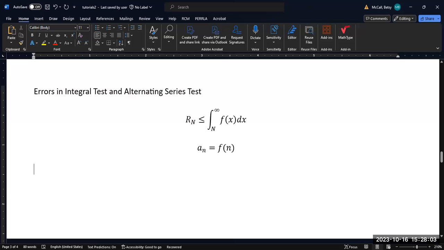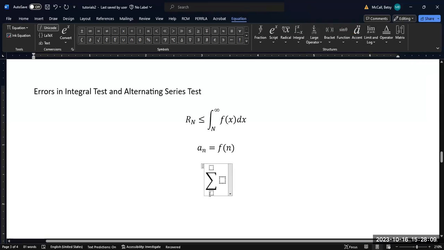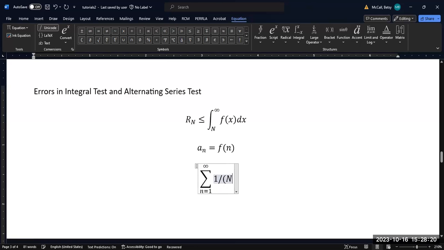Now, if you have a specific function, then of course you can actually calculate the error after so many terms. So let's say I want to find and estimate the sum from n equals 1 to infinity of 1 over n squared plus 1.